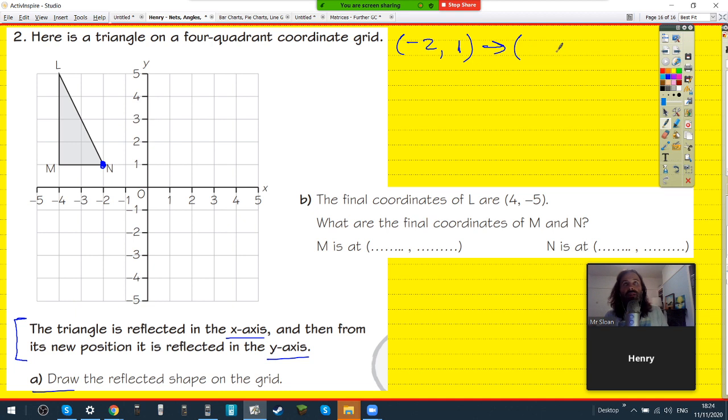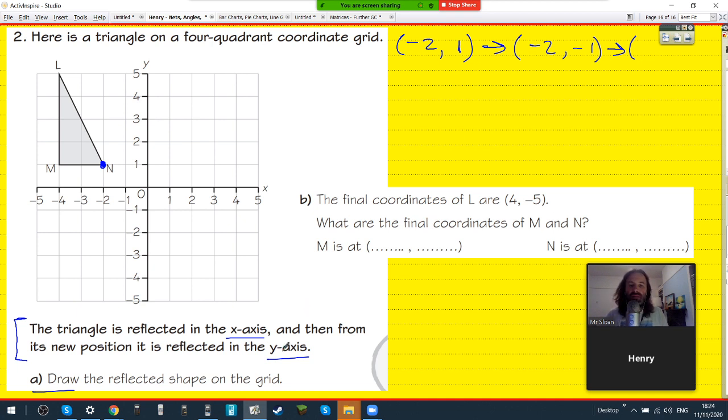So that's a reflection in the x-axis and now reflected in the y-axis. Yeah, I'm confused. Are we doing the x-axis or the y-axis? We have to do both. The question wants us to do both. X-axis: N is already -2 and -1.